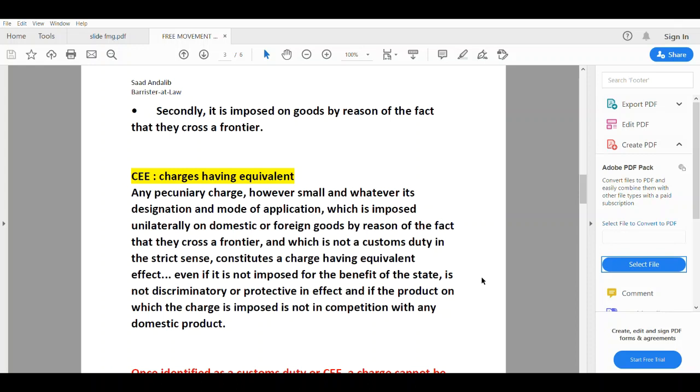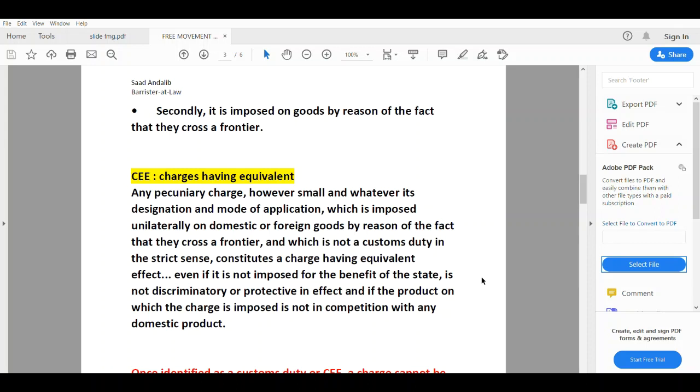The Italian government in that case argued that the levy should not be considered as a customs duty or a charge having equivalent effect because the purpose of the levy was to give benefit to the traders by supplying the statistics on trade patterns.